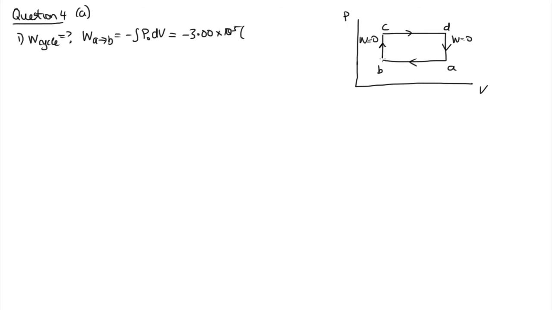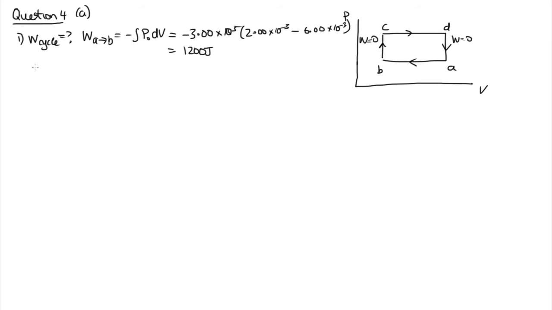So we've got the final volume, which is the volume at B, which is equal to 2.00 times 10 to the minus 3 minus the initial volume, the volume at A, which is equal to 6.00 times 10 to the minus 3. So solving this, we end up with 1,200 joules. We would expect it to be a positive answer because the gas is being compressed, and when gases are compressed, we do work on the gas.